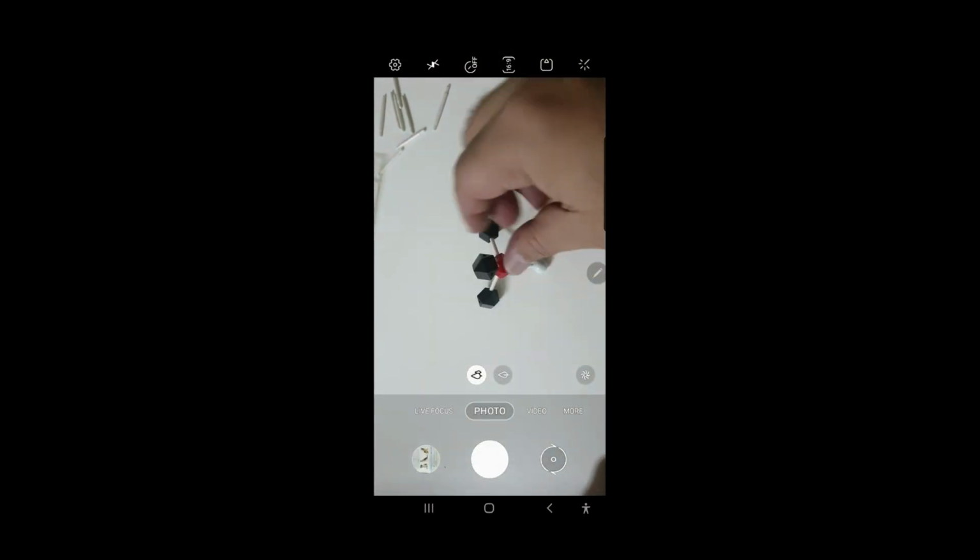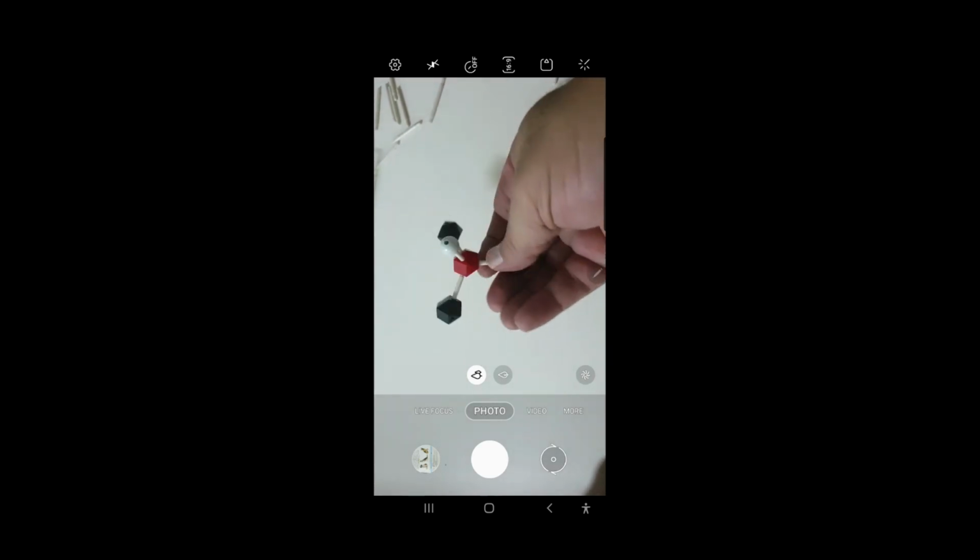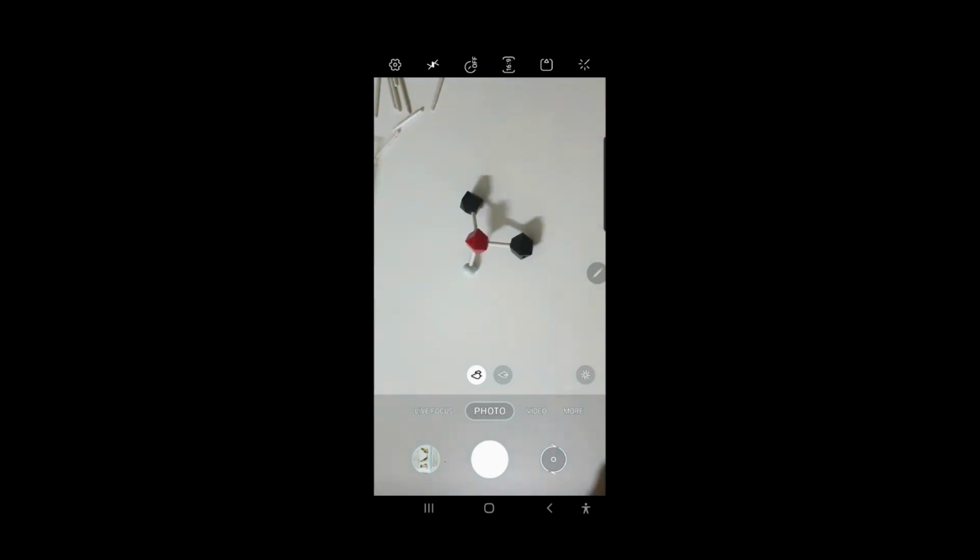imagine this shape. I'm going to remove this bond here, and instead of it, we will put, I think you can guess, electrons.